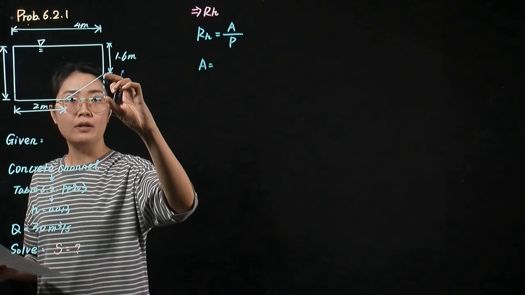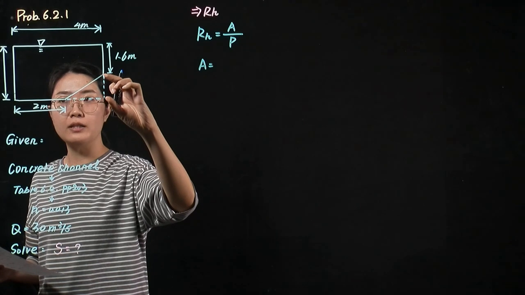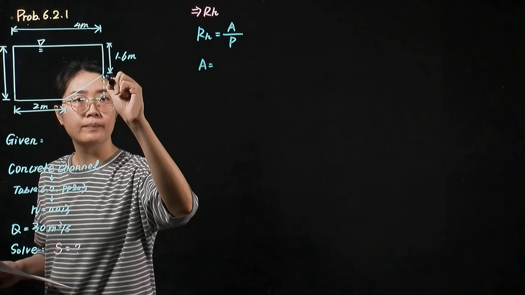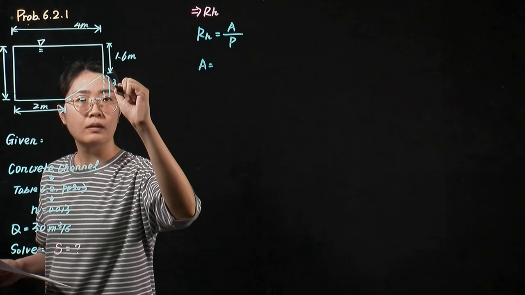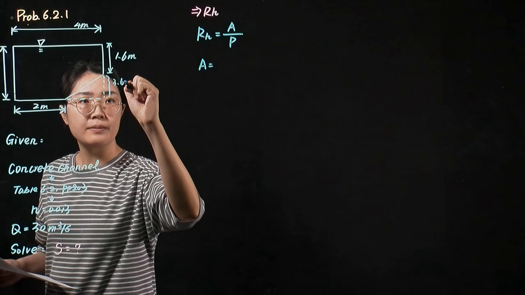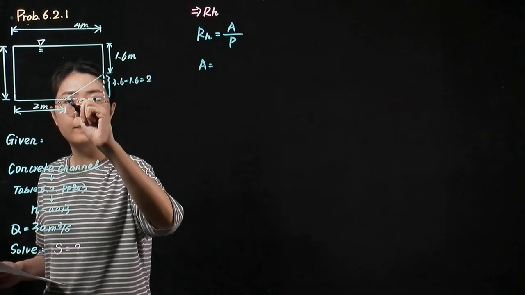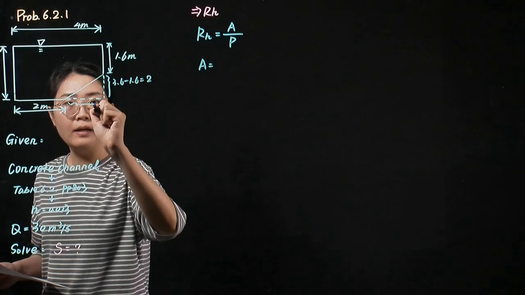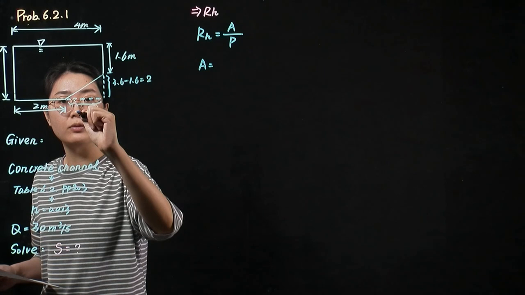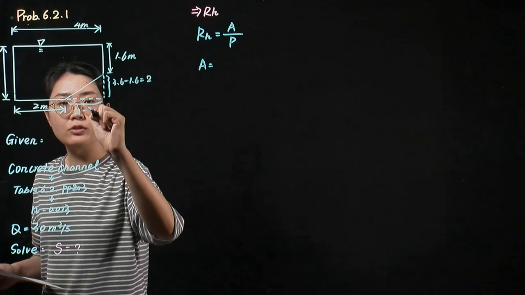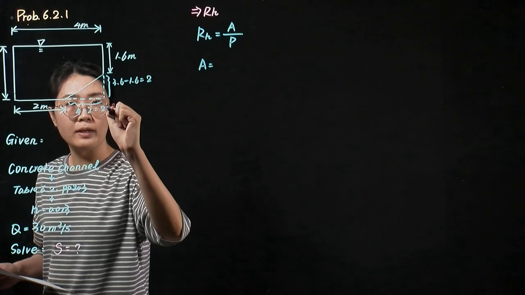The length of this part equals 3.6 minus 1.6, which is 2 meters. And the length of this part equals 4 minus 2, which is 2 meters.